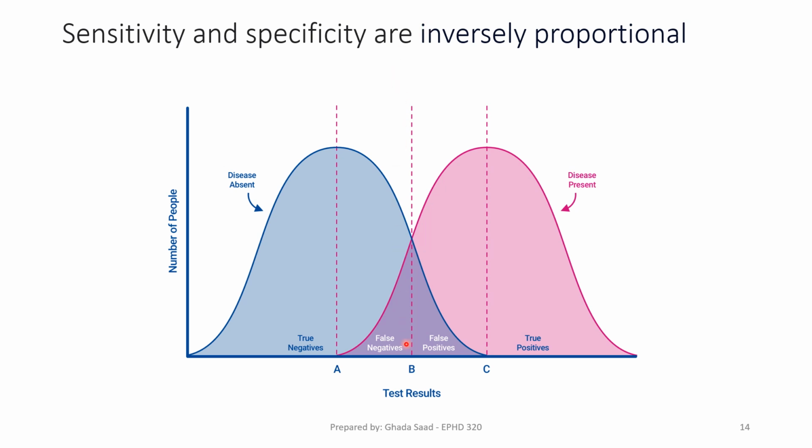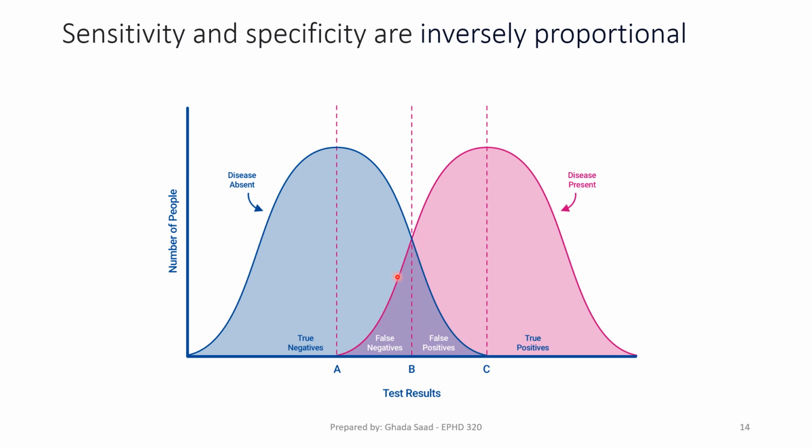So this line B, which goes across the middle, gives you the least amount of false positives, which is the blue area crossing to the right of line B, and the least amount of false negatives, which is the pink area that is to the left of line B.